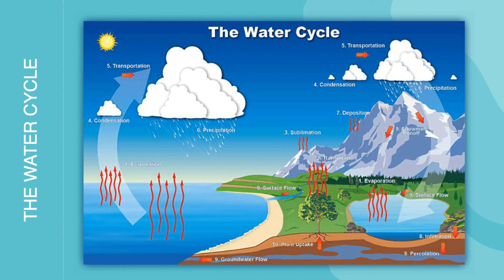Some precipitation falls as snow and can accumulate as ice caps and glaciers, which can store frozen water for thousands of years. Snowpacks in warmer climates often thaw and melt when spring arrives, and the melted water flows over land as snow melt.